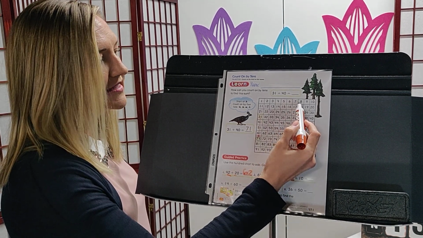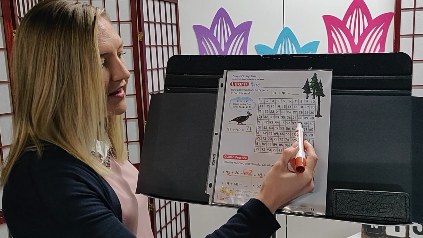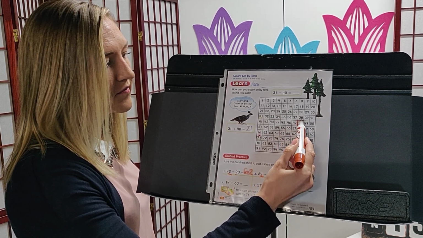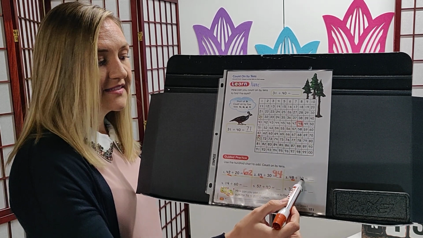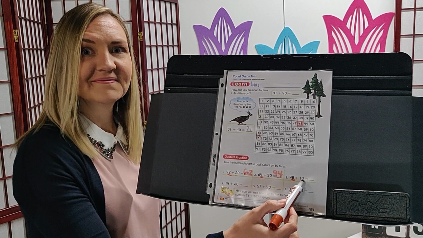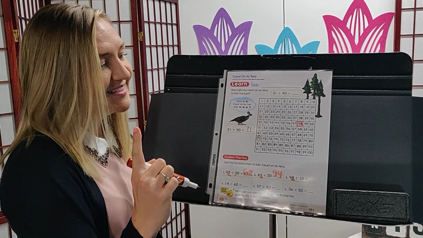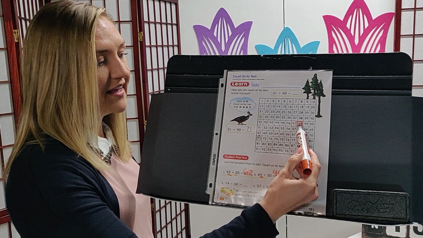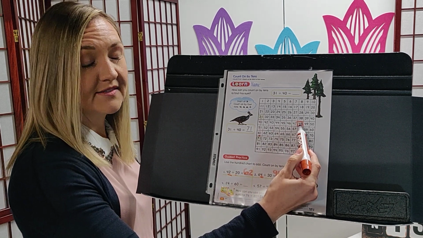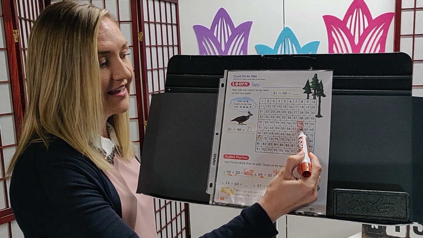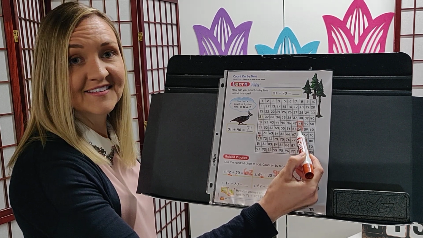We go to 8, we scoot down until we find 48. 48 plus 10. Well, how many groups of 10 is 10? It's just 1. So 48 plus 1 group of 10 means we get to go to 48 and move down once. So 48 plus 10 is equal to 58.